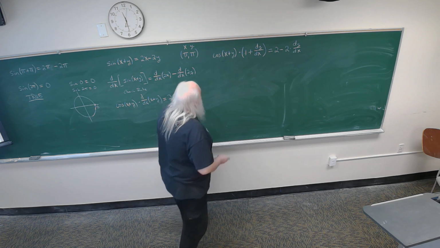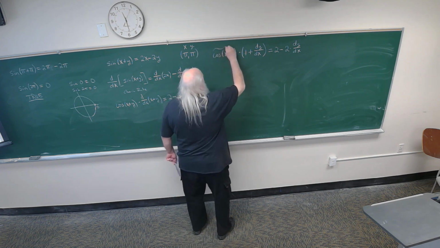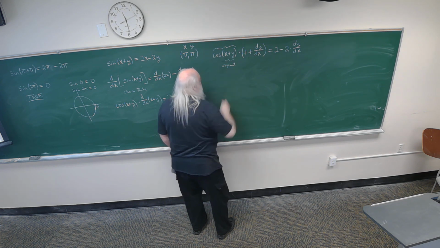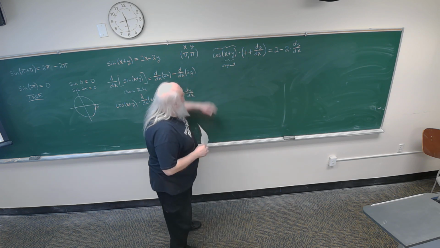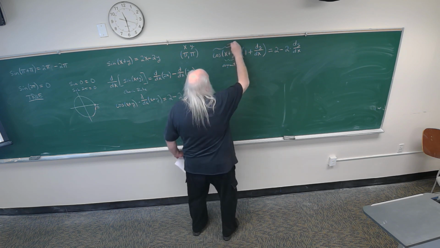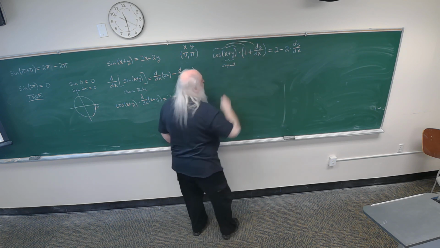Okay. So this entire guy, okay? So remember, x plus y is called the argument going into the cosine function. And so this entire guy, the cosine of x plus y, gets distributed inside the parentheses.